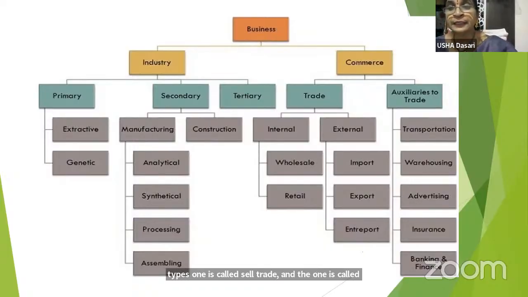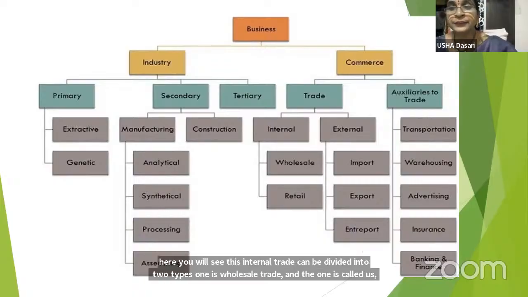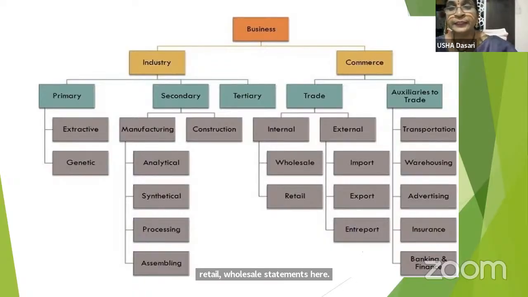Wholesale trade means goods are purchased from the producer in bulk and sold to the retailer. Wholesale means large quantities, retail means small quantities. That is the literal meaning. So the wholesaler sells the goods to the retailer in small quantities, where he purchases the goods in large quantities from the producer. So the wholesaler will be in touch with the producer.